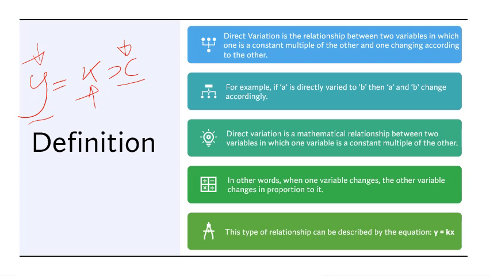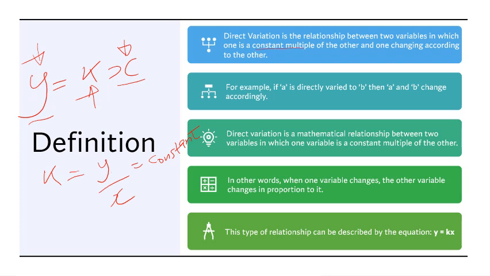Okay, which means if you make k subject of the formula, it will be y over x, and y over x has to be a constant, regardless of whatever happens to y, regardless of whatever happens to x. Constant multiple of the other.